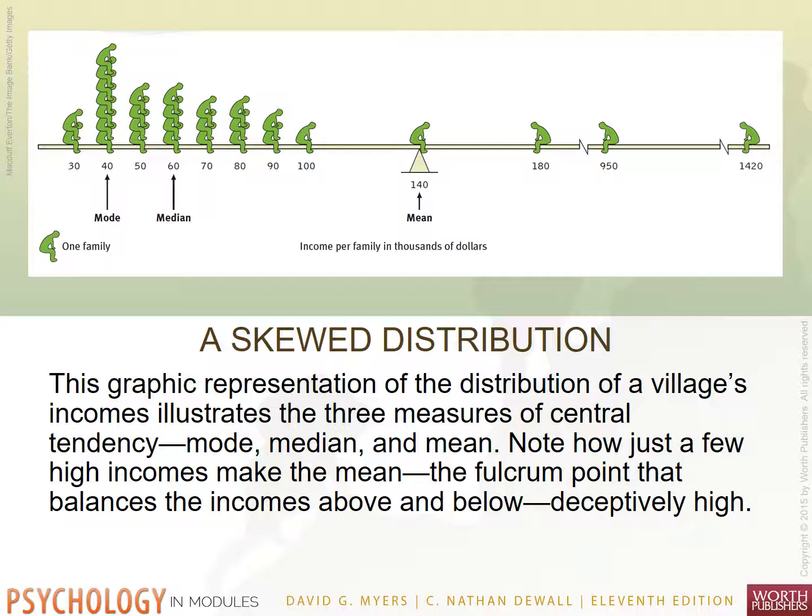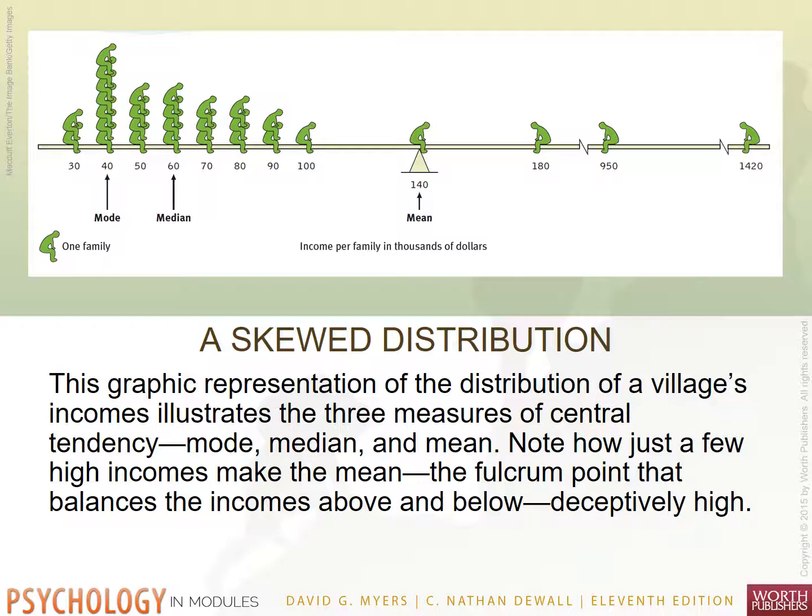More specifically, the person that had $950,000, they must have a pretty good life, right? And then you have one person with $1,420,000. Those are your two outliers. Those are your very rich people that are pulling the mean of household income all the way to the right. As you can see in this graph, the mean household income is $140,000.